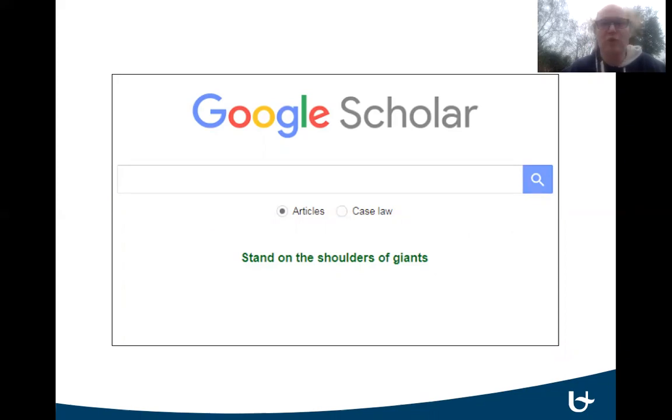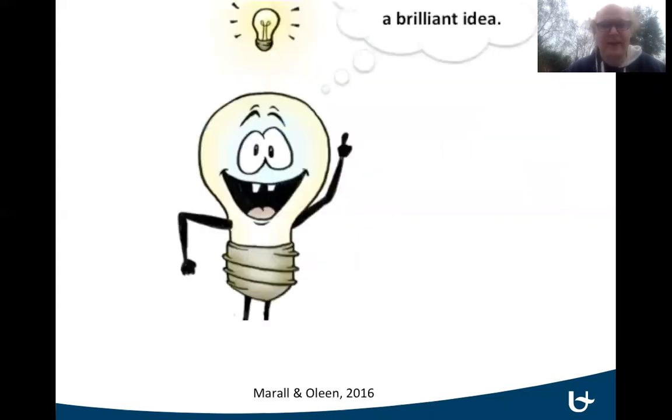And that is, if you want to do scientific work, you need to stand on the shoulders of giants. Those of you that have been using Google Scholar will have seen the baseline of Google Scholar, and that is stand on the shoulder of giants. And that's exactly what you need to do, a very important step in the scholarly process.